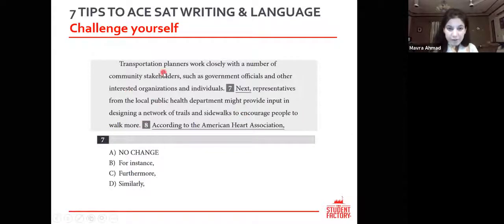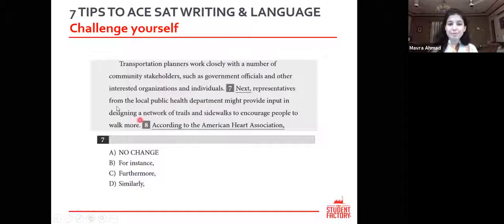In the first sentence, the one before the full stop, you can see that we're talking about government officials and other interested organizations and individuals. Right after that, after number 7, we talk about representatives from the local public health department.